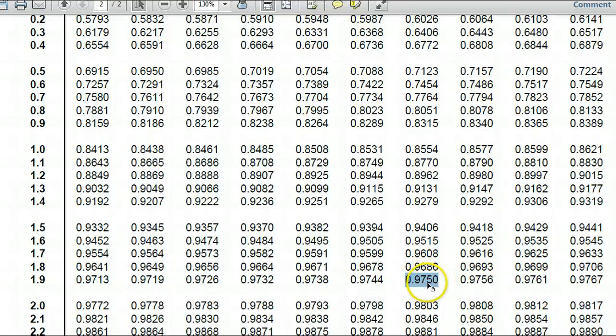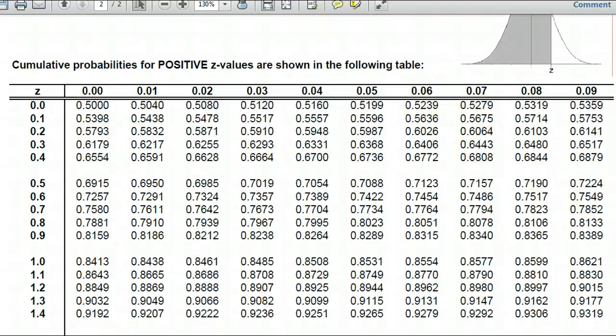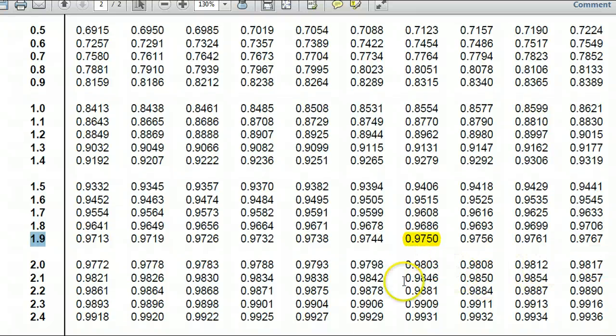Sometimes it's not exactly there, and you have to get the closest thing you can. But this time, I think I mentioned that it's going to be right on the standard deviation. So that's what I meant. So 0.9750. That's going to translate to a z-score of 1.9, 1.9 what? 1.96.